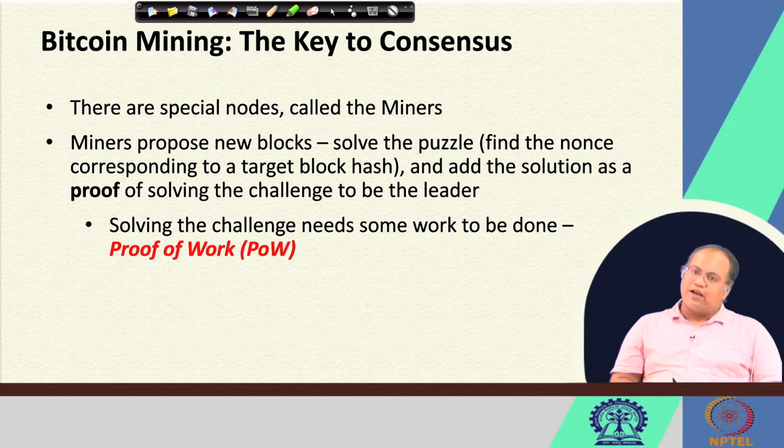The miners hear the transactions which are being floated in the network. Say, for example, I make a transaction of 1000 rupees to my wife. I just float that transaction in the Bitcoin network. The miners collect transactions from different participants, combine them together and form a block.